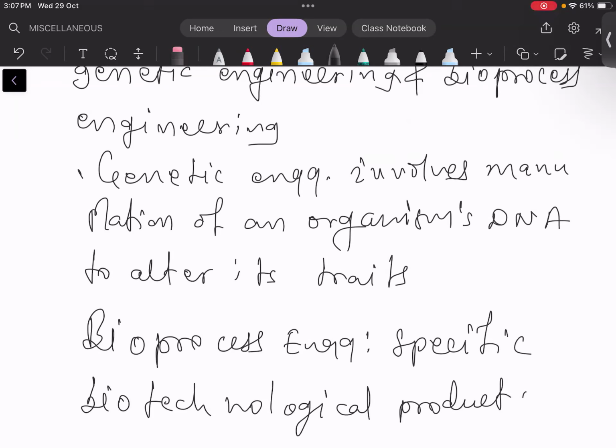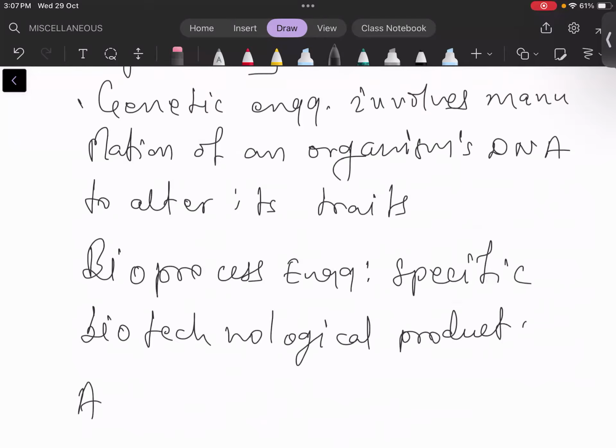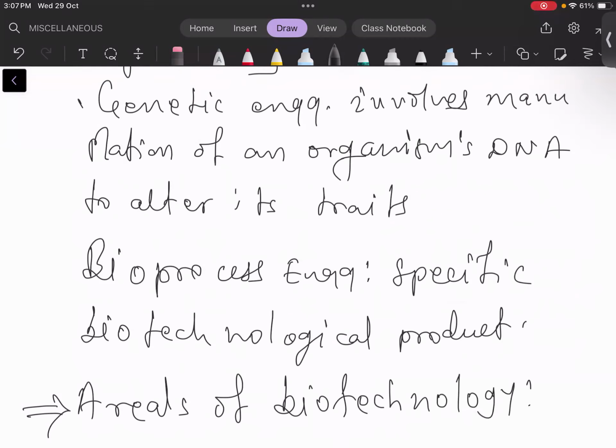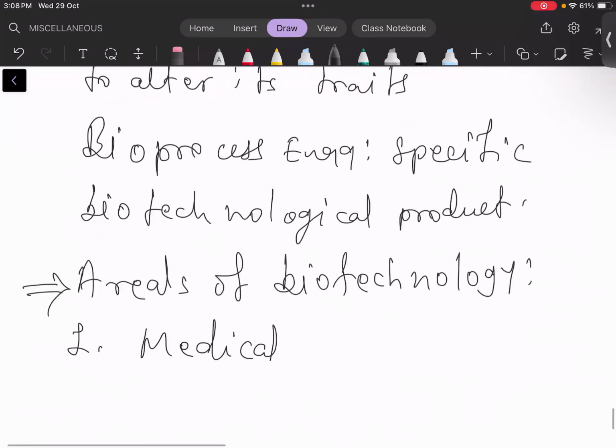There are four main areas of biotechnology. First, medical, in the medical field. Second, industrial.